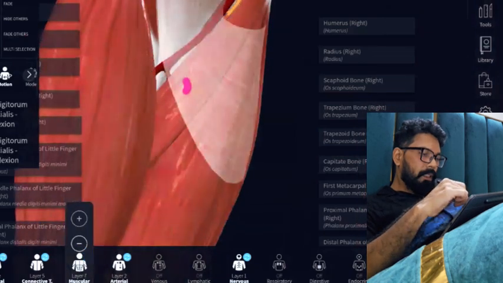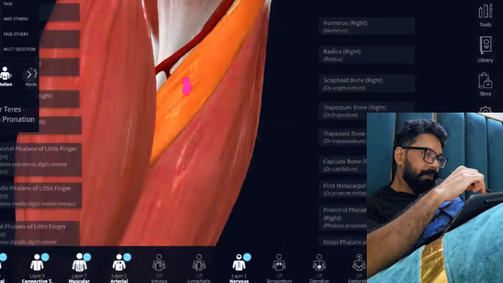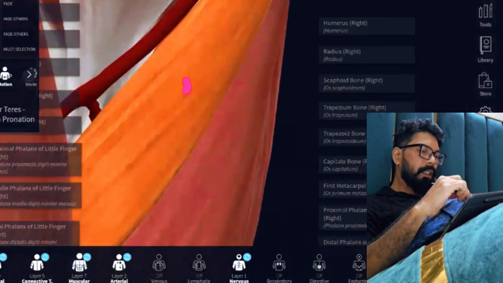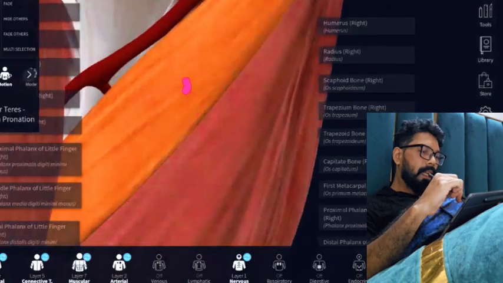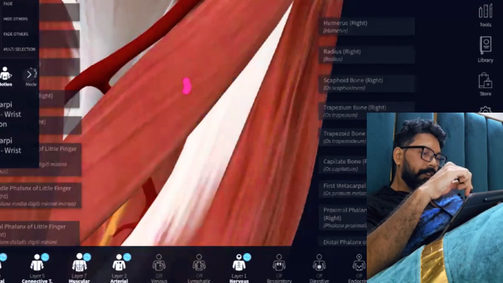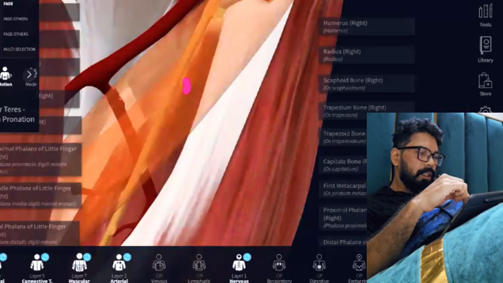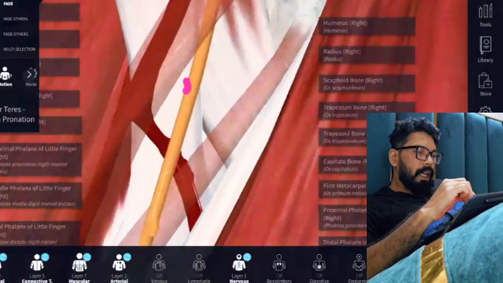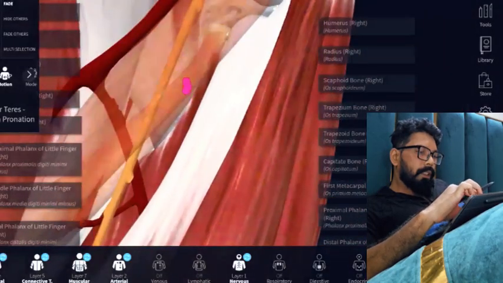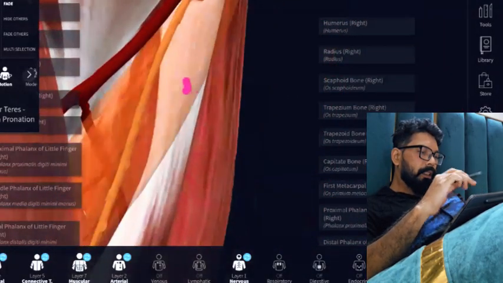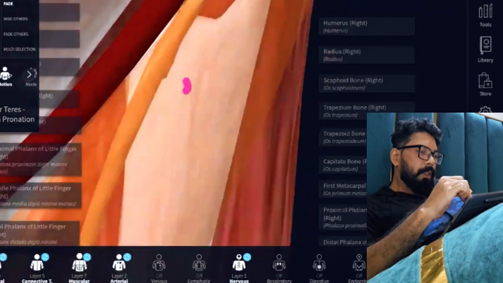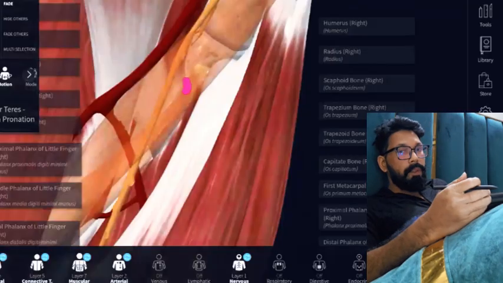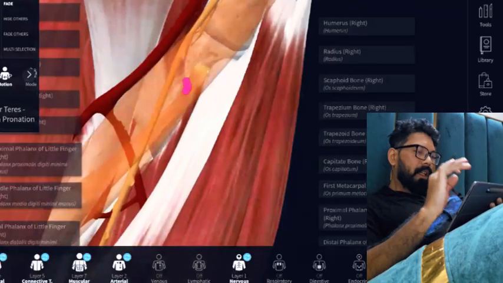Pronator teres. It will enter your pronator teres. It will pierce it. See, it's piercing it. So it will pierce your pronator teres, and we can have a syndrome that is called pronator teres syndrome. Not important for your exam, but you have to know it.